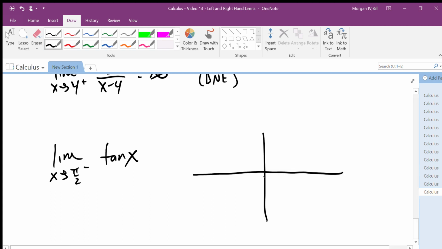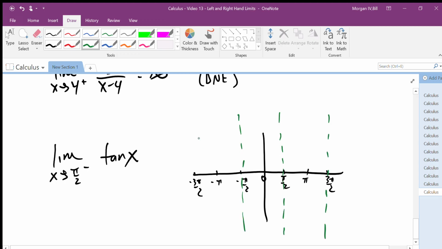Let's see, you've got 0, pi over 2, pi, 3 pi over 2, negative pi over 2, negative pi, negative 3 pi over 2. We should know that we have vertical asymptotes at all the pi over 2's for the tangent function, and that the curve looks something like so.